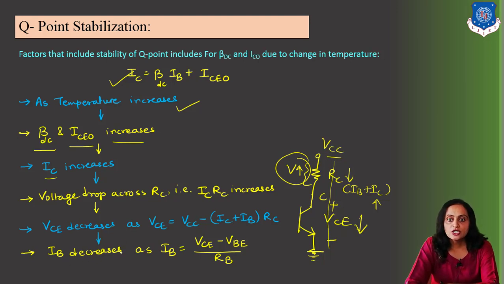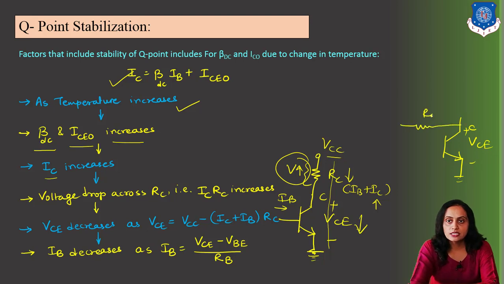As VCE decreases, IB is going to decrease, because IB is the current flowing through the base terminal. That can be drawn again like this. This is the emitter terminal, this is the collector. This voltage is VCE, plus and minus, the base resistance RB is connected over here, and the current flowing is IB.